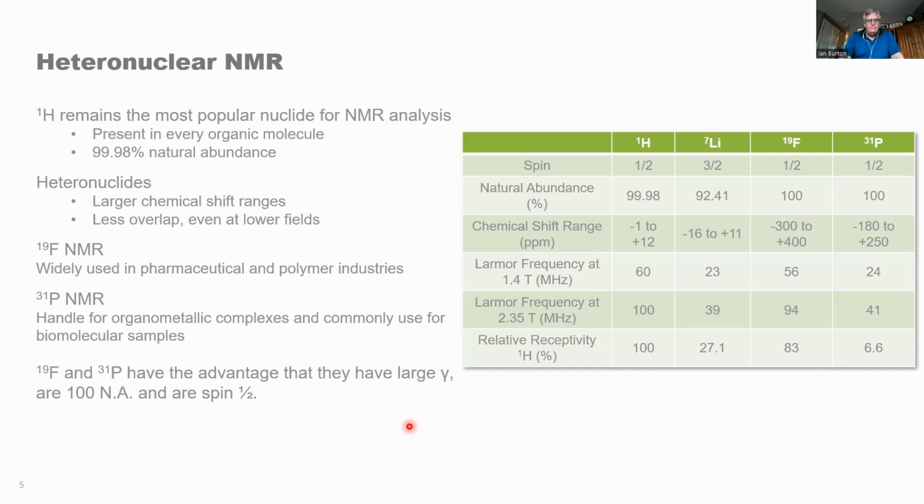So fluorine and phosphorus are the ideal ones because they're 100% natural abundant. They're spin 1/2. They have a fairly high gamma, so they're at a higher sensitivity than things like carbon-13, well, in this case, lithium.